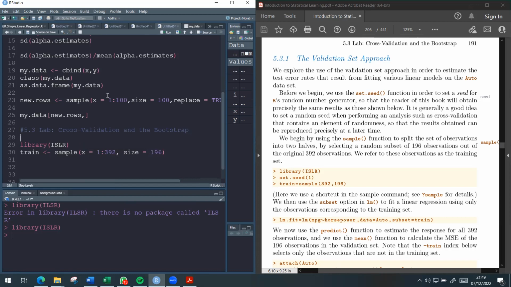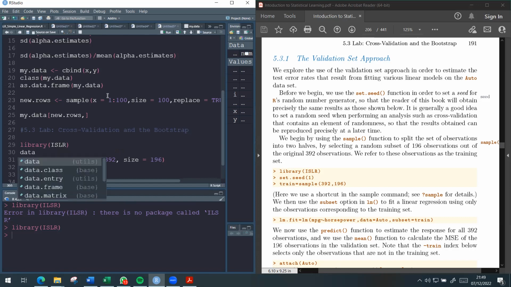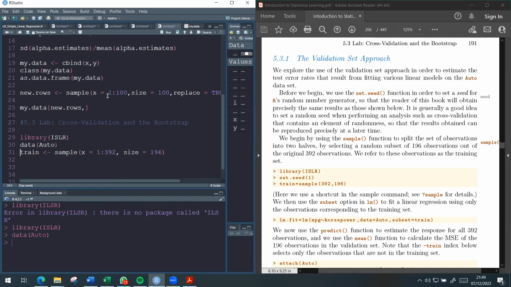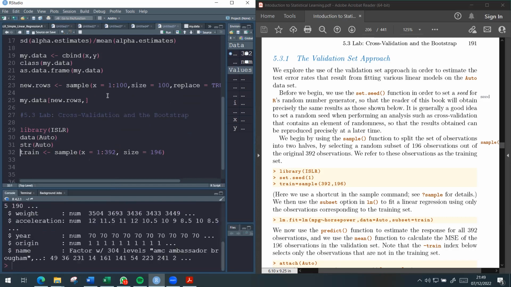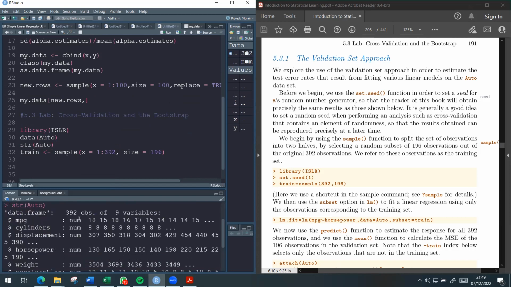Why 392? Because we're going to work with the Auto data set, and if you look at its structure, it is 392 observations. So we're only going to work with half for the fit, and then we'll use the other half for the test mean square error.